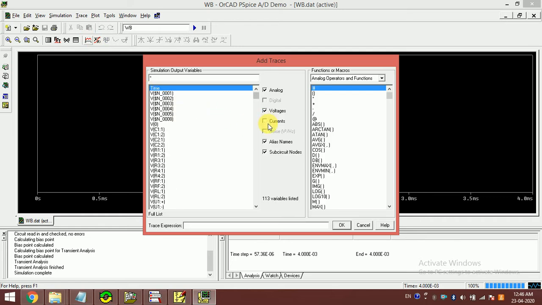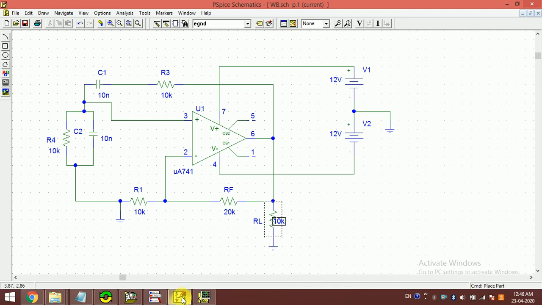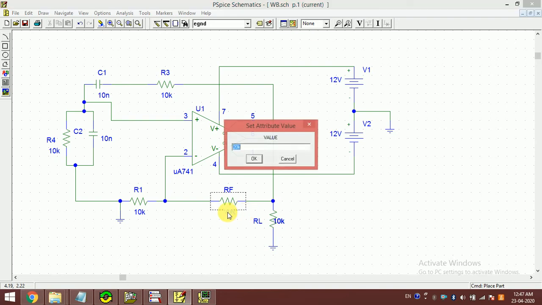Okay, now I want to see the voltage across RL. Still nothing is coming. So what can be the problem? Let's make it 30K.